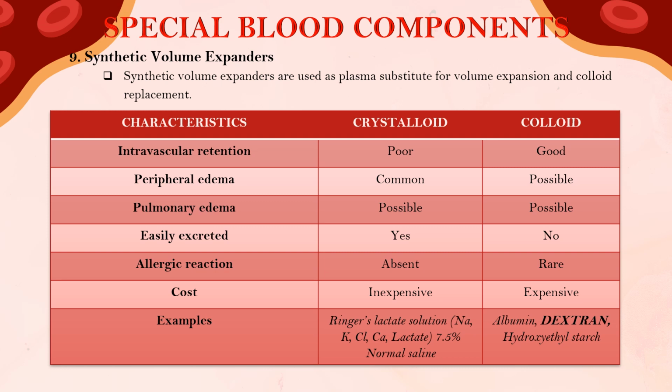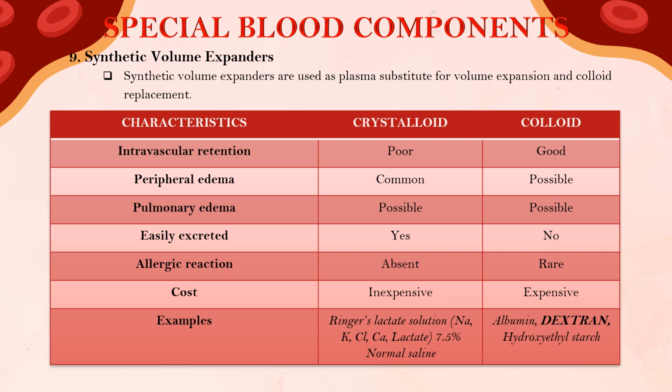Okay, listed here is the main summary of the differences between crystalloid and colloid types. Starting with the table, class, colloid delivers more efficiency in terms of intravascular retention compared to crystalloid types, and mostly causing edema as a common side effect is the crystalloid type, specifically both peripheral and pulmonary edema.